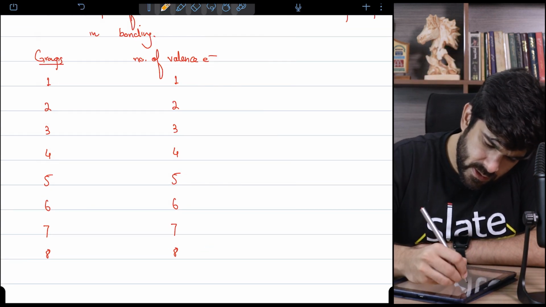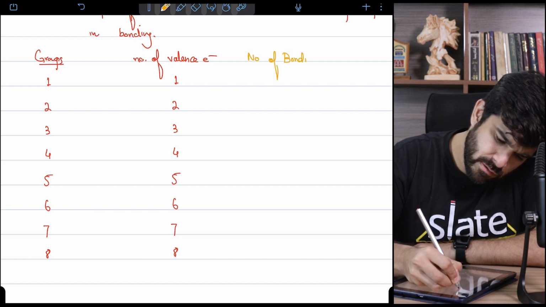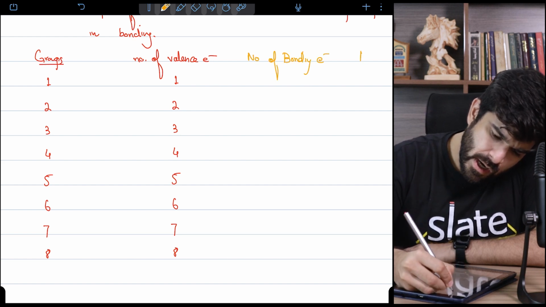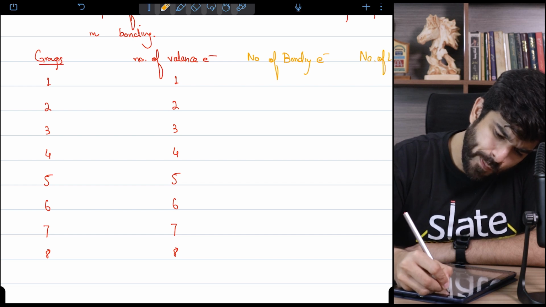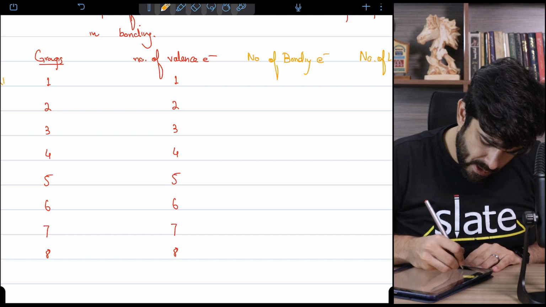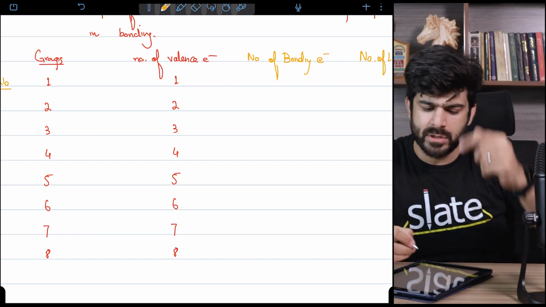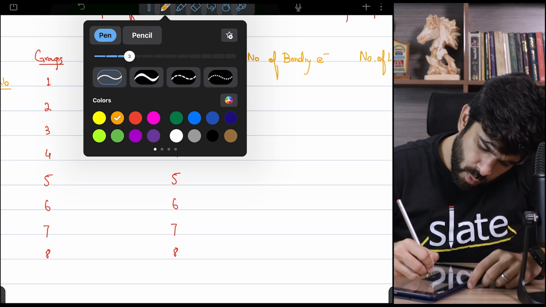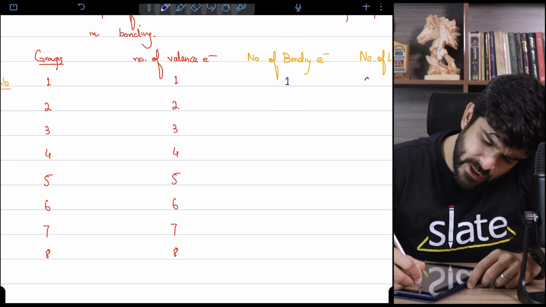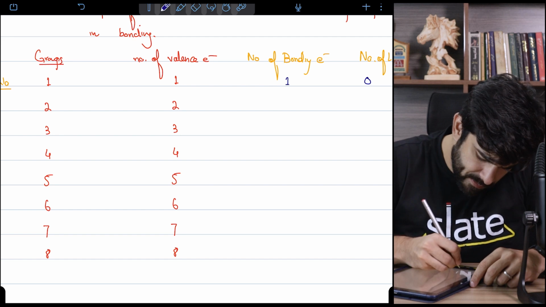But number of bonding electrons, number of lone pairs. In the case of group 1, for instance sodium, it has 1 bonding electron which it loses. So 1 bonding electron, 0 lone pair. We've got nothing left. Group 2, magnesium.